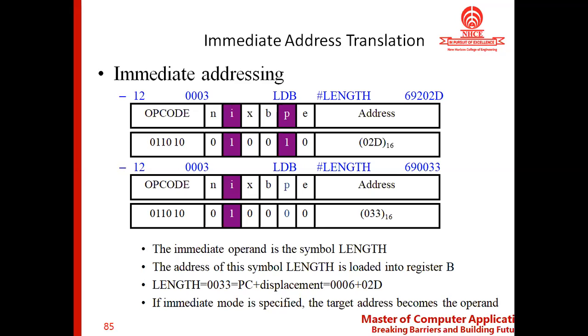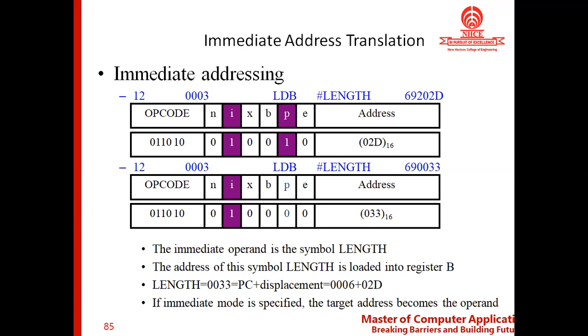But one thing we have to notice is that in both the cases in the previous example, we were using constants, whereas in line number 12, with immediate addressing, it uses a symbol. So it follows the PC relative addressing mode.